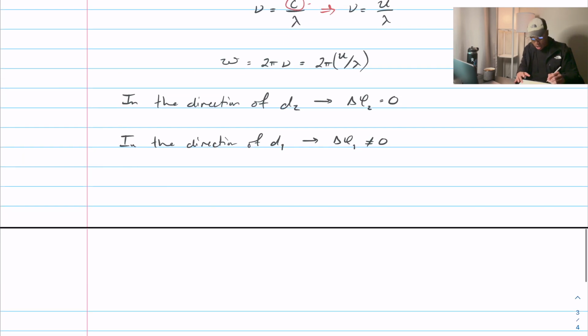And so we can assume that delta phi 1 must have something to do with the ether wind. So that's how you can think about the experiment in a nutshell.